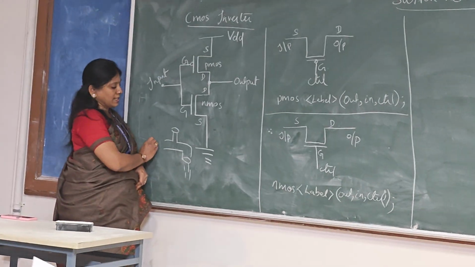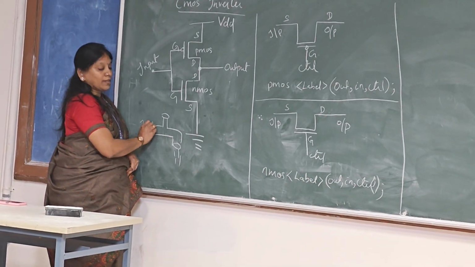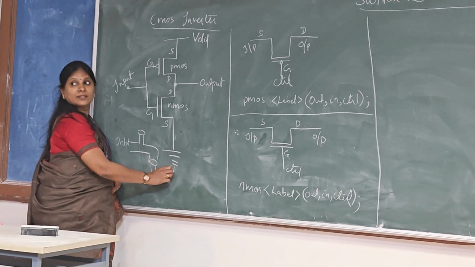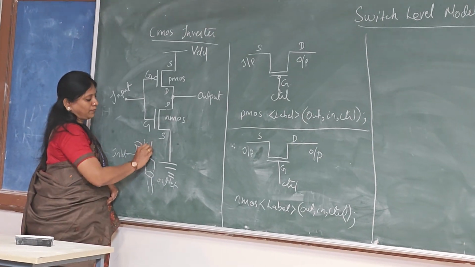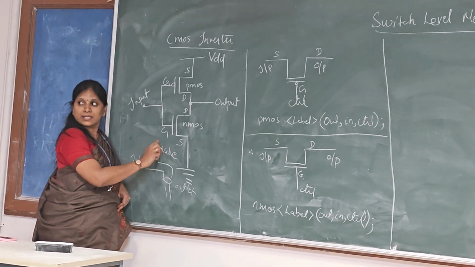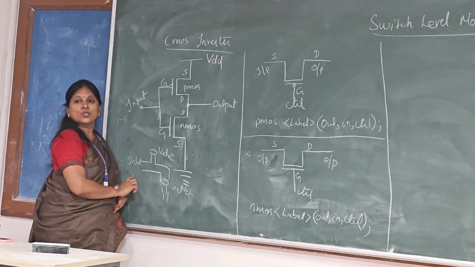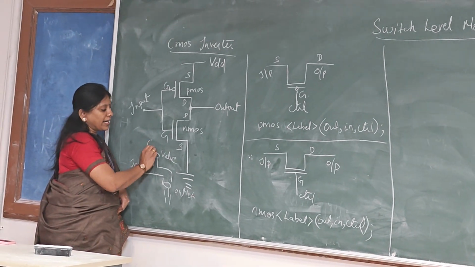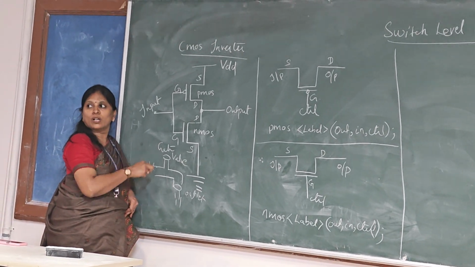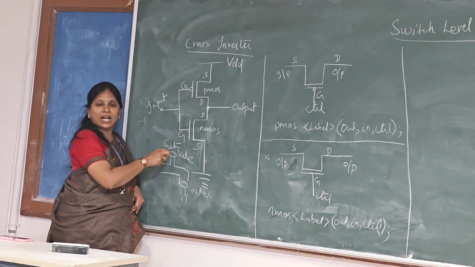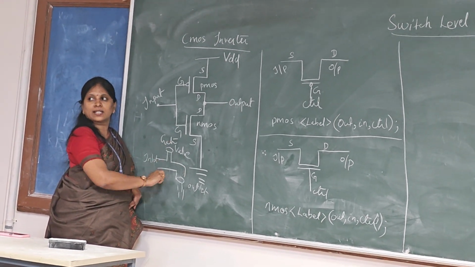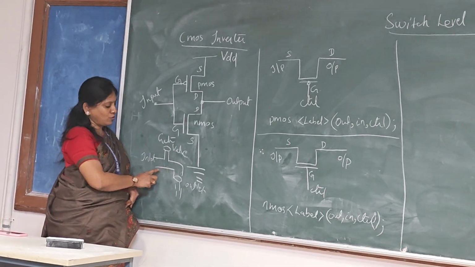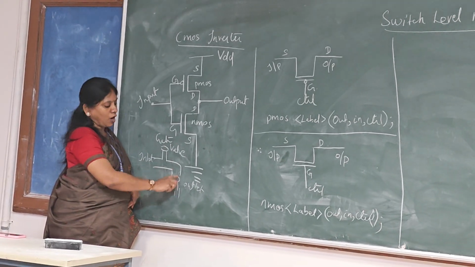This is the inlet, this is the outlet, and this is your control valve. So the gate is the control valve. Depending on the gate value only, you get the output. So the input is the source, and the output is the drain.